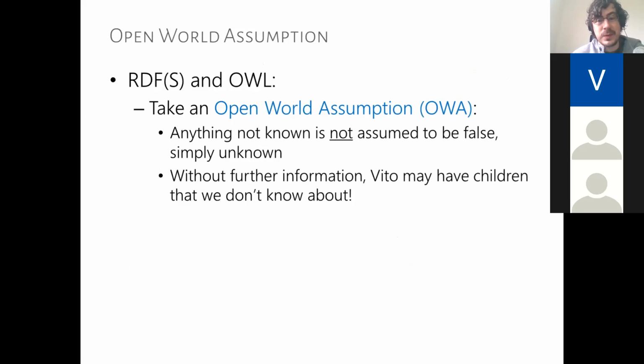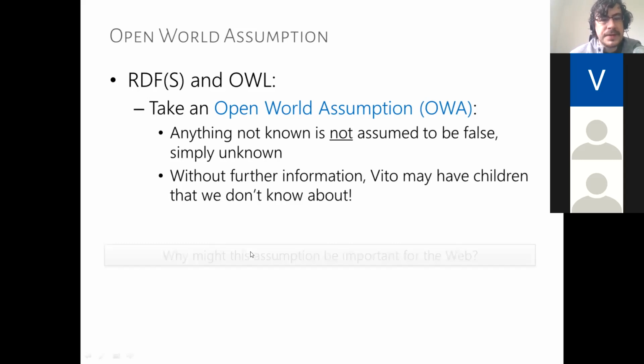We could, with the closed world assumption, say no, because we have a list of all the Nobel Prize winners and Justin is not there, unfortunately. So in this case, in OWL, what we're going to say is we don't know. He could be, because our data might be incomplete. Right? So without further information, Vito may have children that we don't know about.